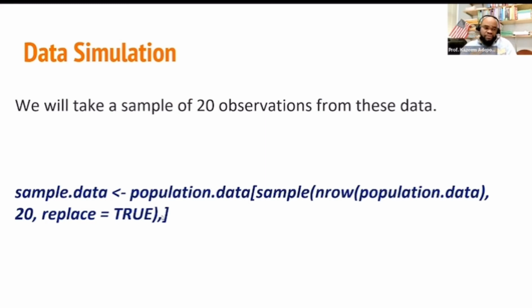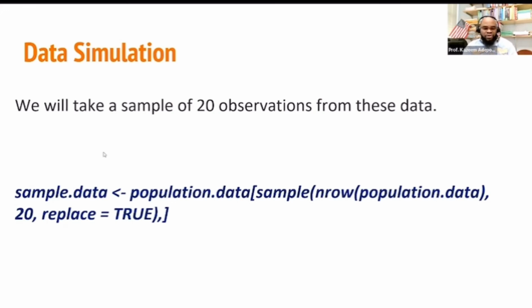Of course, in statistical analysis, what we always do is basically to take a sample, as we don't study the entire element in a target population. You get what I mean? Okay, so this is the R code to take a sample randomly from the population of data.